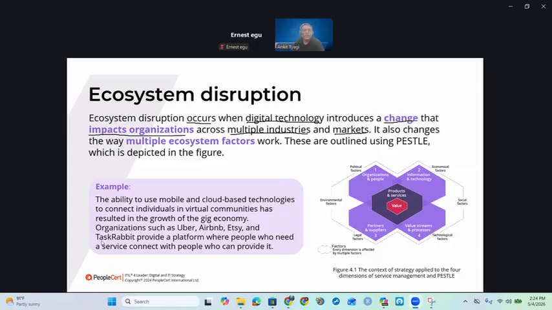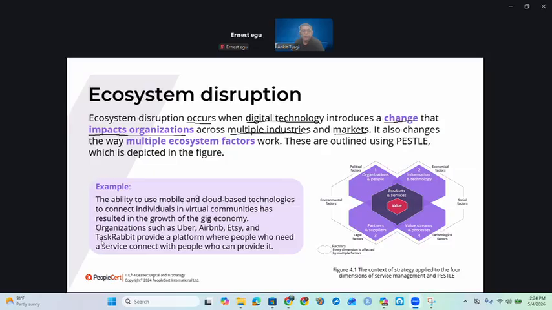It also changes the way multiple ecosystem factors work together. So what could these factors be? The political, economic, social, technological, legal, and environmental factors. But the keywords to remember here are an impact on multiple industries and multiple markets.